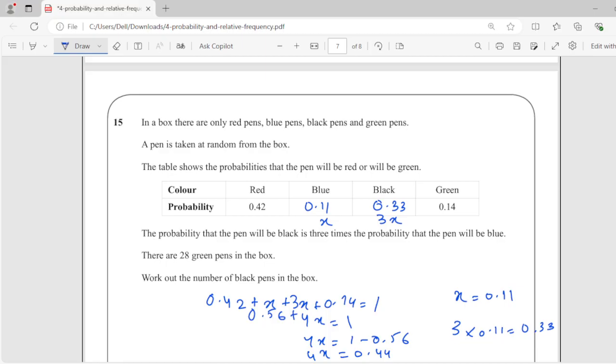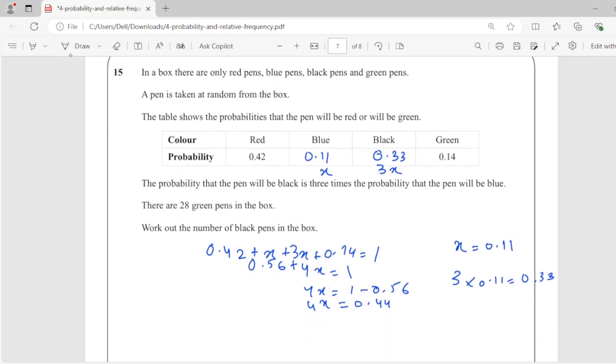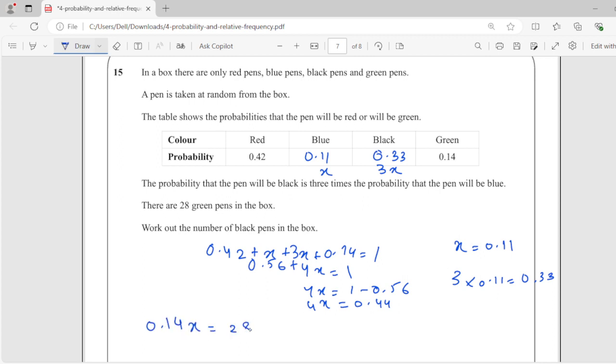Now it says there are 28 green pens in the box. Work out the number of black pens in the box. 0.14 of x is 28. X is the total number of pens here. 28 over 0.14 is 200.